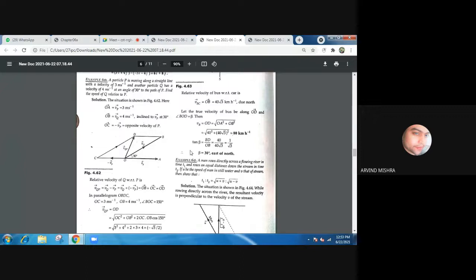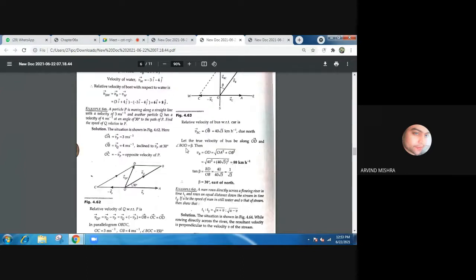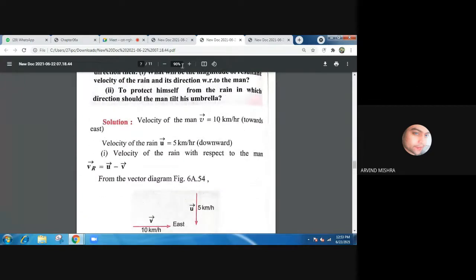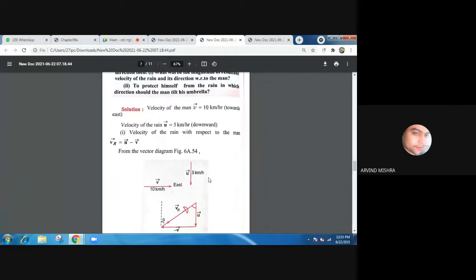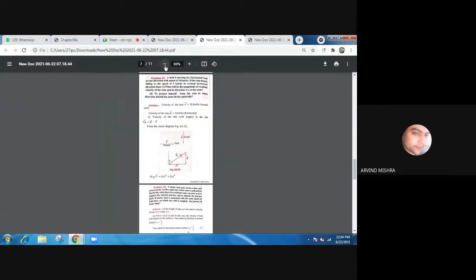This is the RS Aggarwal question that I am sharing so you get clarity. This is of your book only. I thought you all have done this question: in which direction the person has to hold the umbrella. This is a very similar problem to what we have just completed in the discussion.